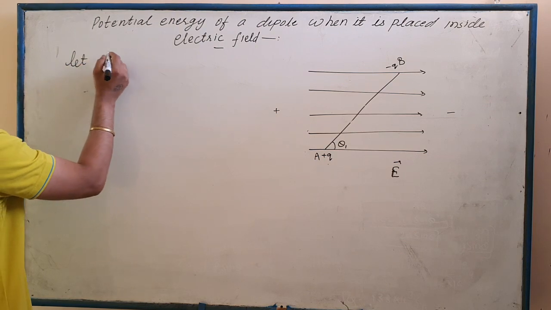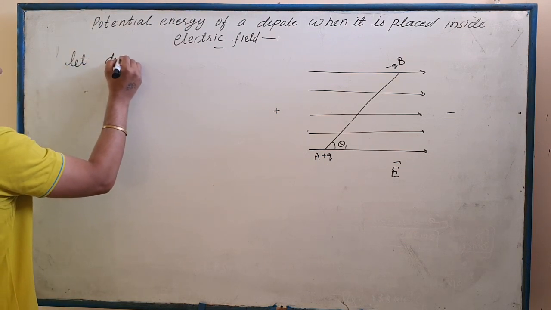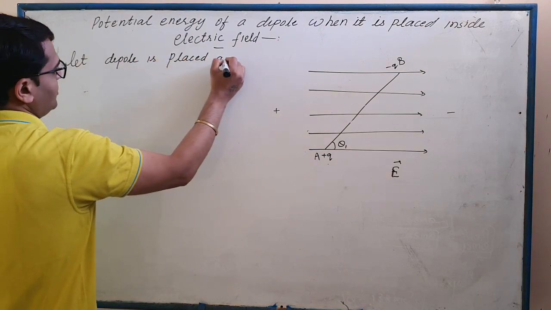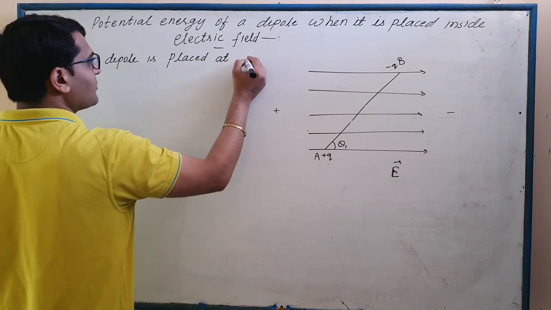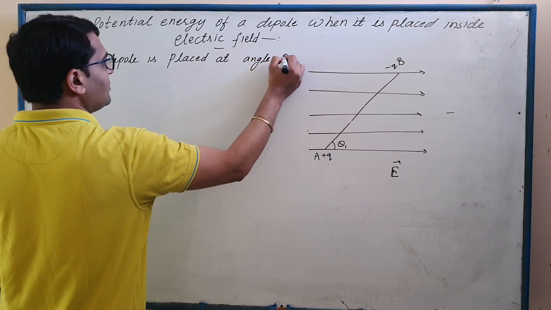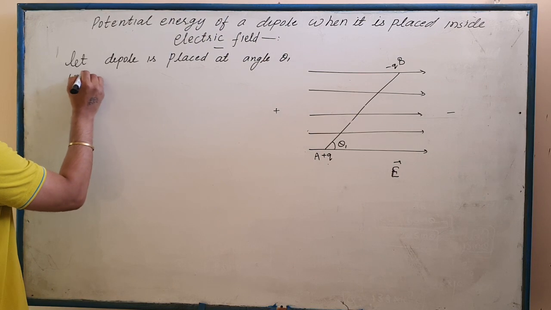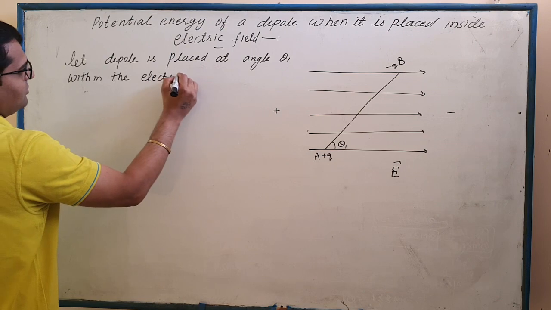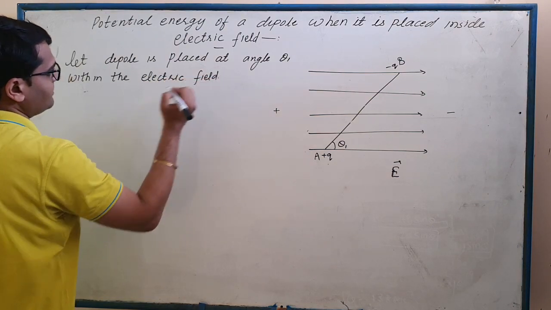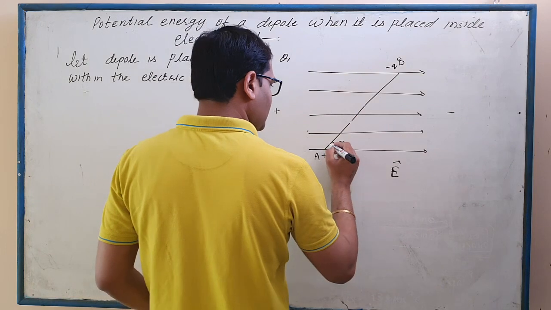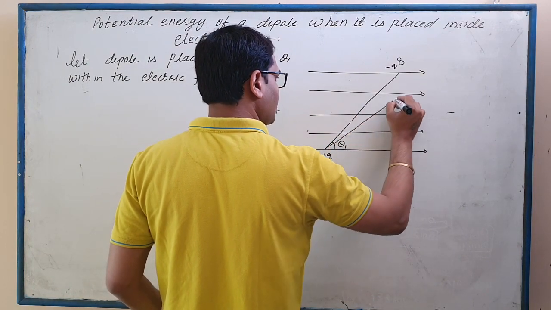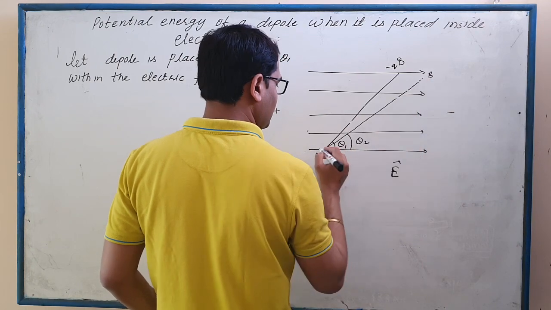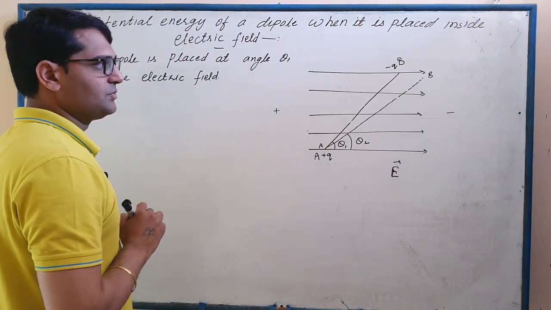Let the dipole be placed at angle theta 1 within the electric field, and suppose this is the second position that we want.